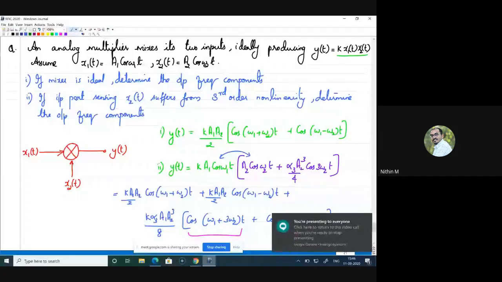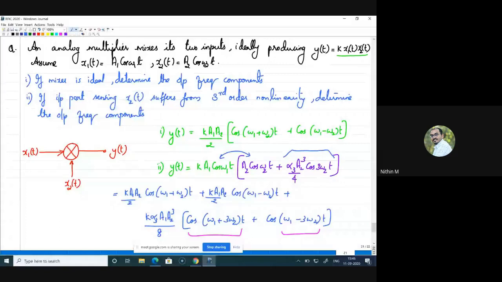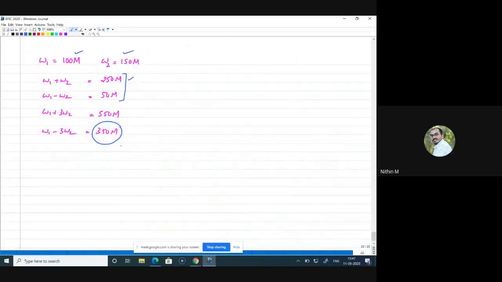Because of nonlinearity, I have considered only a harmonic component which is appearing out of the third order nonlinearity. Since I have dealt with harmonics, I have just brought in that, and later what we have seen is this harmonic is in fact creating trouble in other ways also.